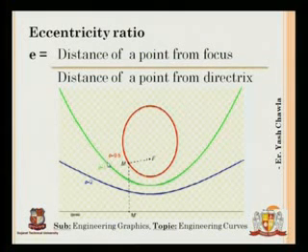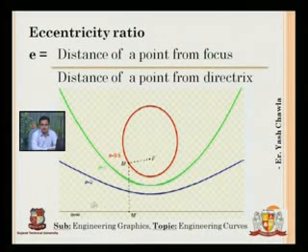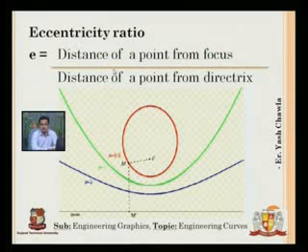Let us take a single point M, extend it up to here, and then measure the distance MF and then MM dash. The distances will be equal. This is known as the directrix, and a point on the curve is at equal distance from the focus as well as from the directrix. For a parabola, the ratio of these distances is equal to 1. Say if the distance is 2 mm from the focus, then the same distance will be there from the directrix as well. So e is equal to 1.